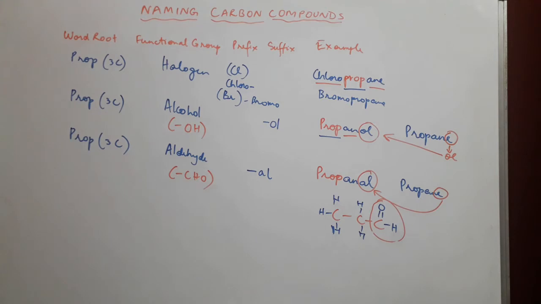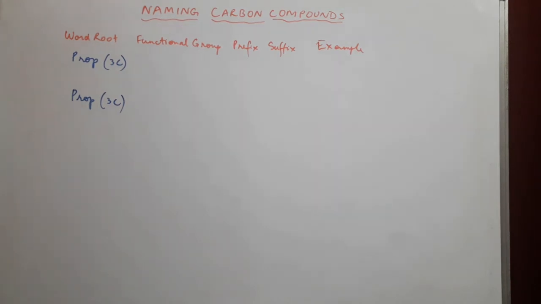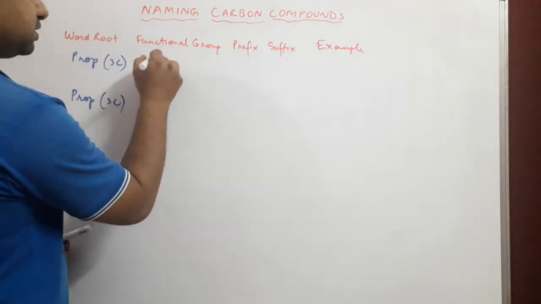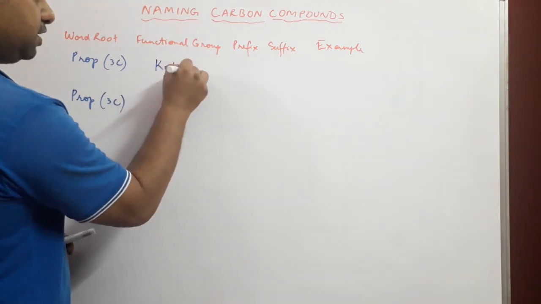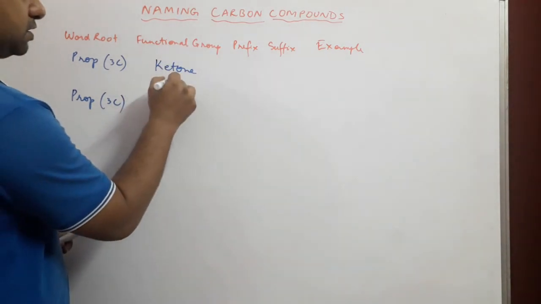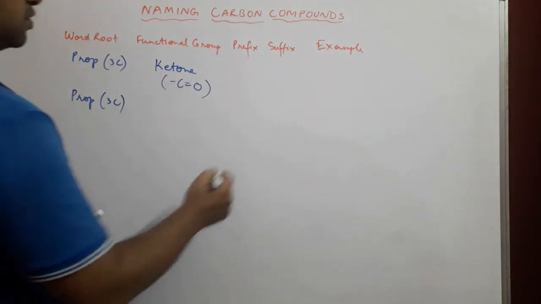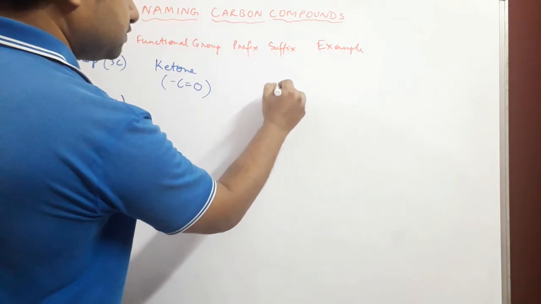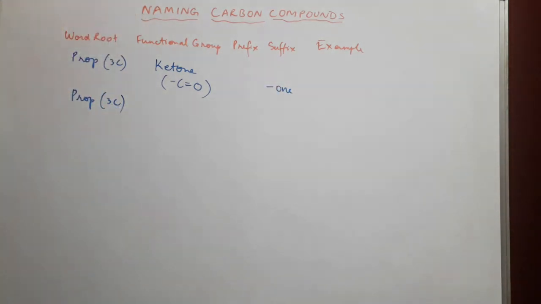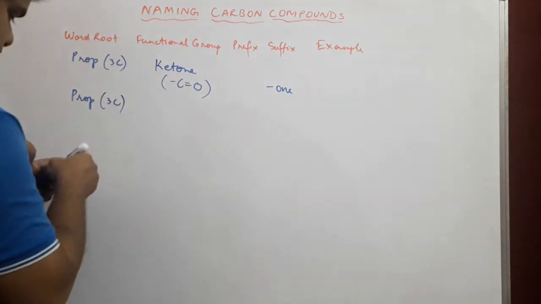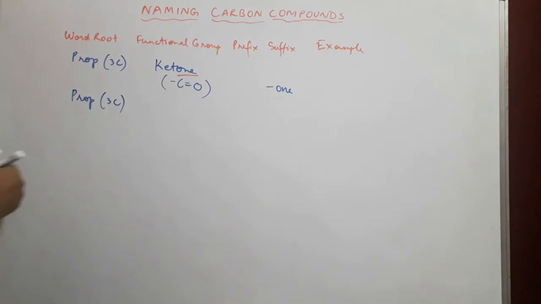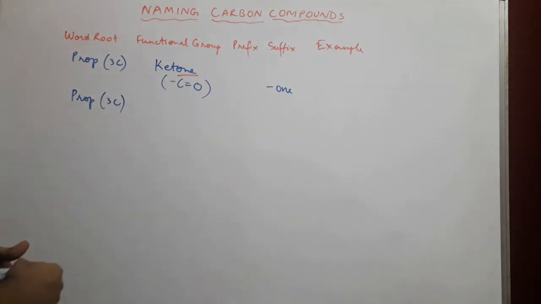Let's move to the last two which are remaining, that is ketone and carboxylic acid. In case of ketone, this is your functional group, and it is always a suffix, hyphen ONE. It's not pronounced as one, it is ON. Ketone.